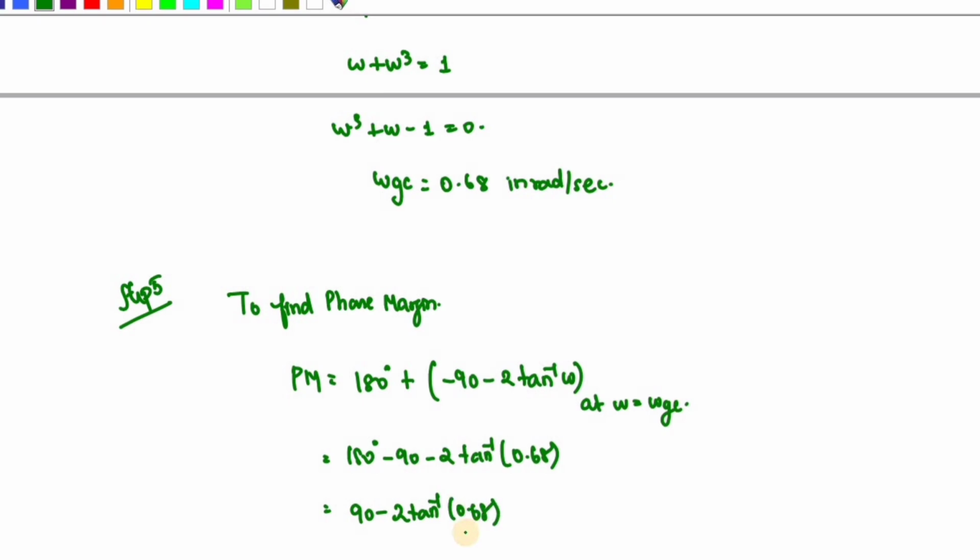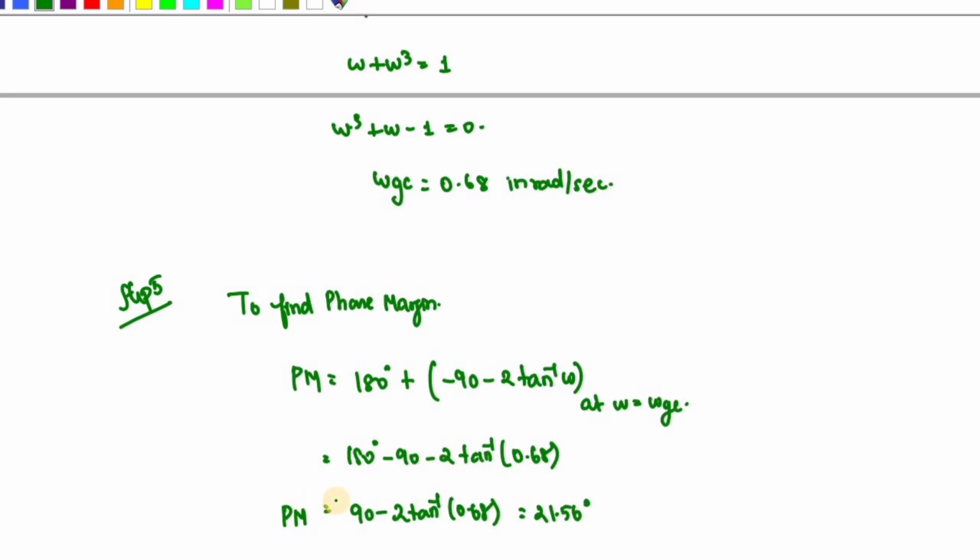If you solve with the help of the calculator, you'll get the answer as 21.5756 degree. This is your phase margin.